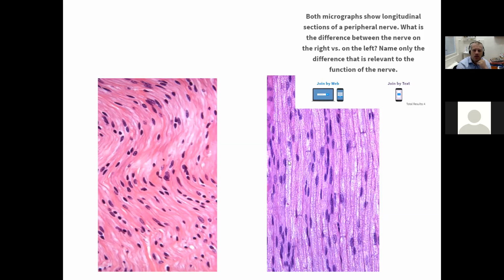So perhaps you have noticed there is some white substance here. There's a larger proportion of this white substance on the right than on the left. That's exactly what I need you to remember and to understand.